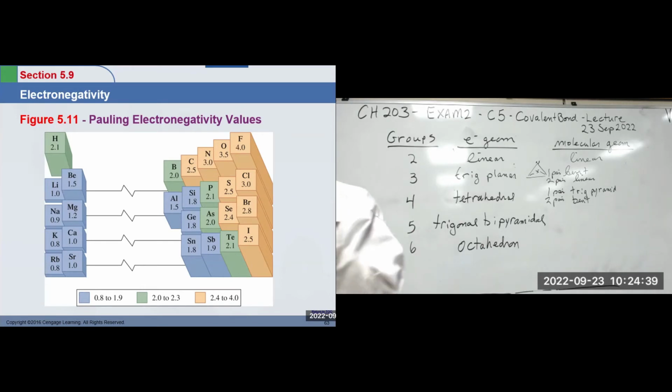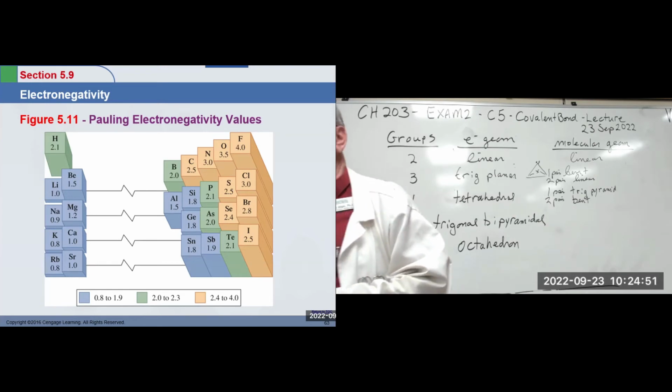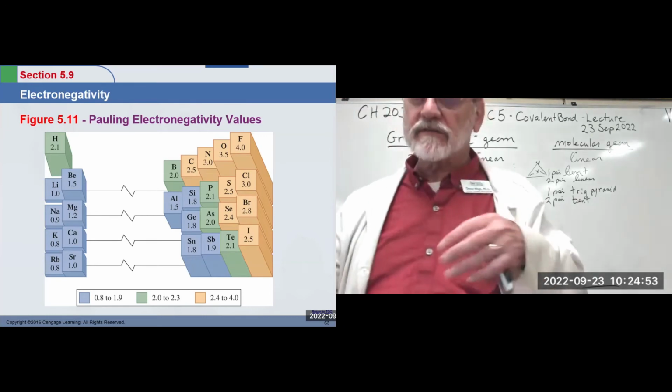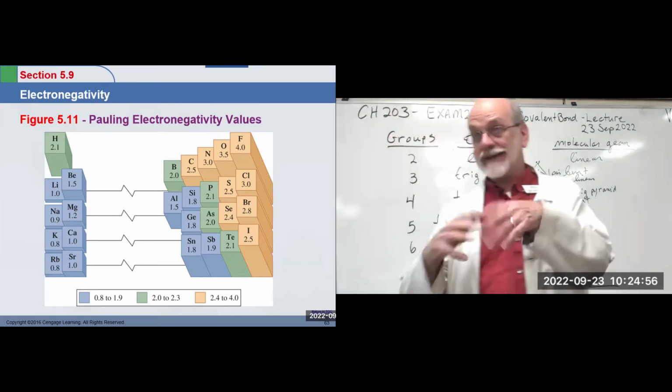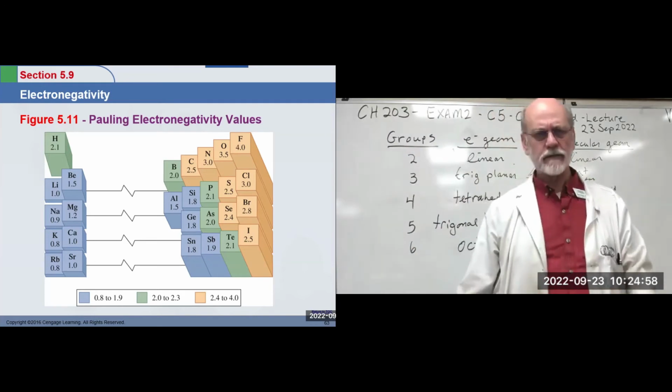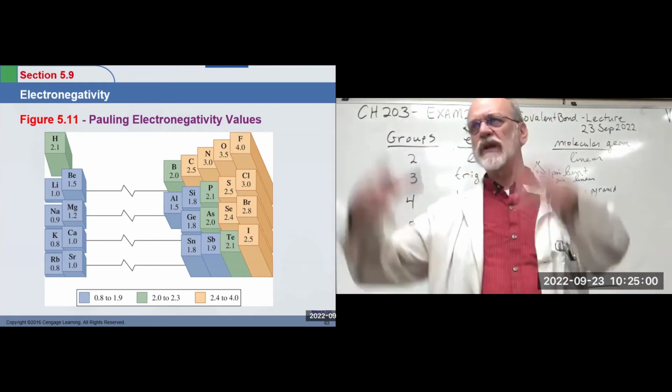But the highest electronegativity, the strongest pull on electrons for an atom in a bond, is fluorine. And these values were proposed by Linus Pauling. And there's a formula that goes with it where you can actually calculate what they are. So he didn't just pull these out of thin air.